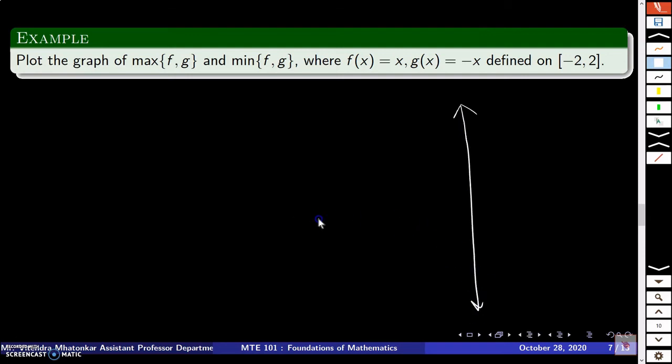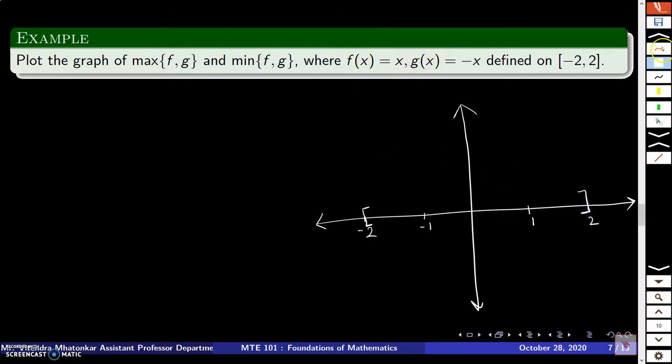Supposing this is my xy plane and I have the domain, minus 2 to 2 closed. So let's say this is minus 1, this is minus 2, here I have 1, here I have 2. So my domain is this, which I'm marking as a closed interval.